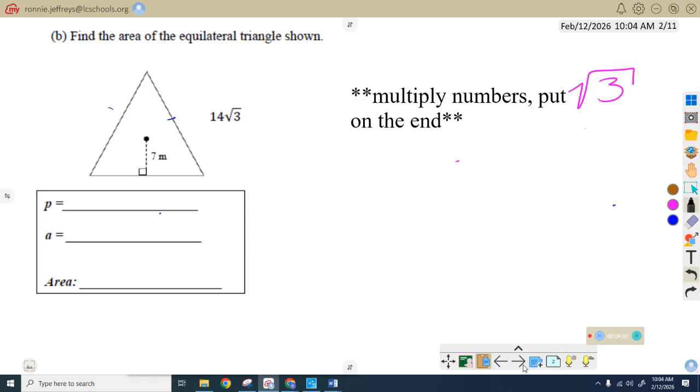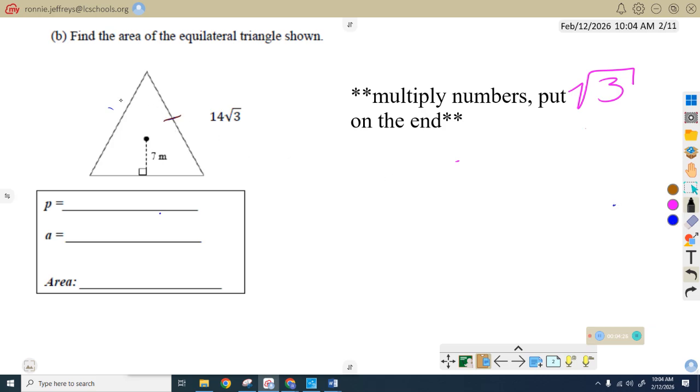So, if we look at the next one, all right, now I would probably write this down. What I have put up here, it says multiply the numbers and do square root of 3 at the end. Now, we have a plethora of calculators now that you could use to do this.